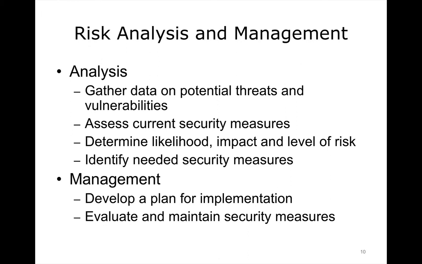The basic framework for this and other risk management strategies are similar and include elements such as gathering data on potential threats and vulnerabilities, like viruses and known exploits of IT systems, assessing current security measures like antivirus software, policies, and procedures to apply security patches to IT systems, determining the likelihood of security exploits, the impact of such exploits to the business, and the corresponding level of risk that the organization can tolerate, and finally, identifying security measures that are needed to mitigate unacceptable risk.